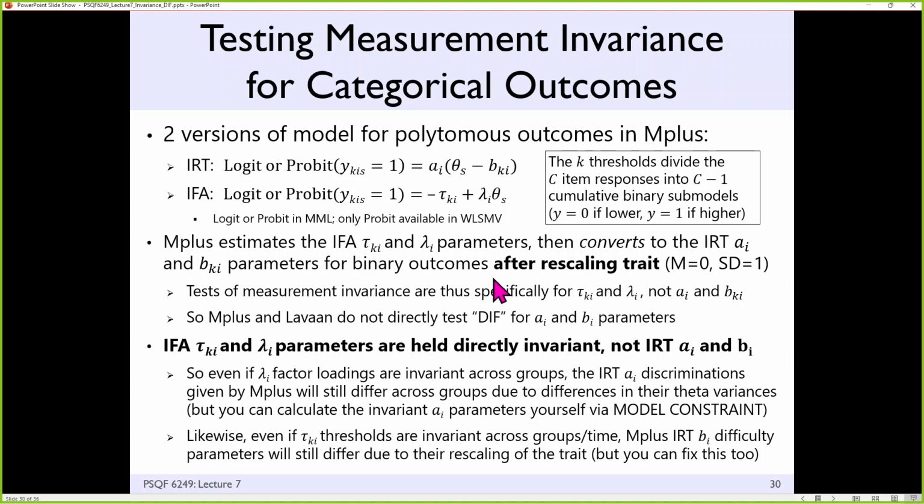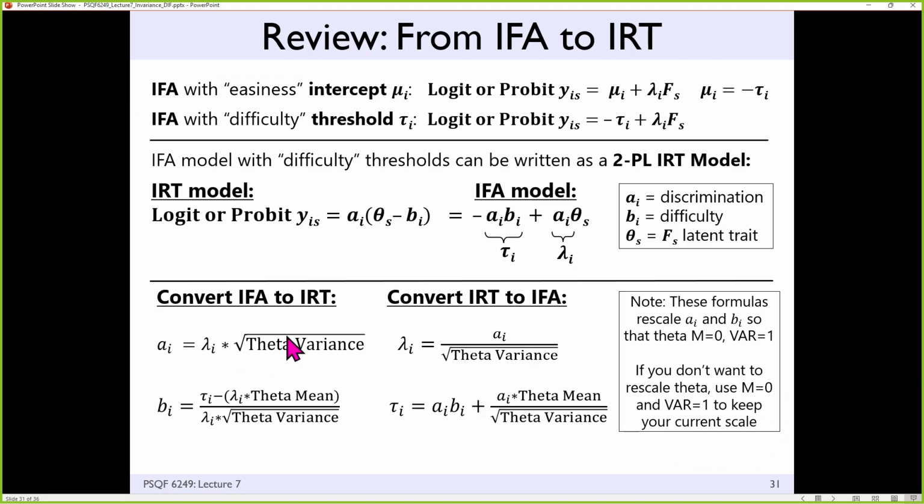However, the conversion from IRT to IFA then means that if you have non-invariance for these parameters, it's specific to them and not to A and B. So here's the thing. Even if the factor loadings are invariant across groups, in the IRT the A parameters will not be, because of this conversion here. So I'm on slide 31, for instance. A is the factor loading times the square root of the theta variance, or the theta standard deviation.